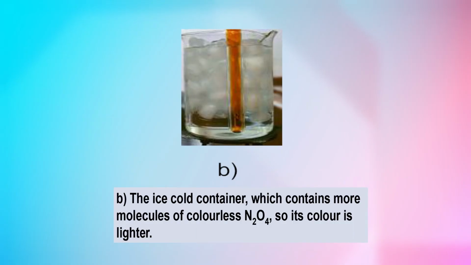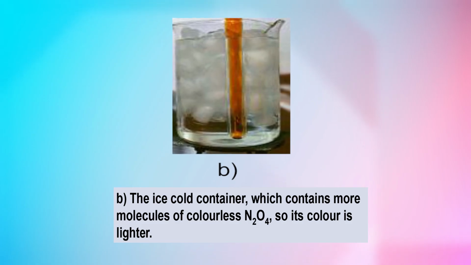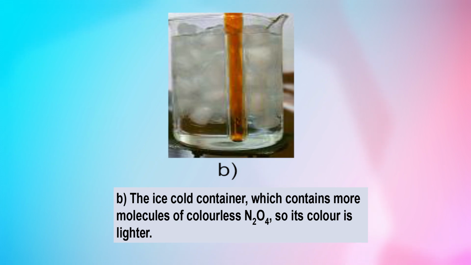By this time you must have got this concept of reversibility. So, here is the left to right, that is reactant to product, and next in this photo you see that if in this ice cold container the conditions have changed, here you are getting the N2O4, and the color is becoming lighter.